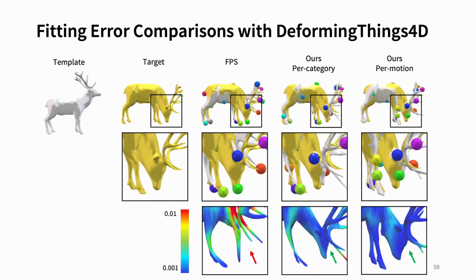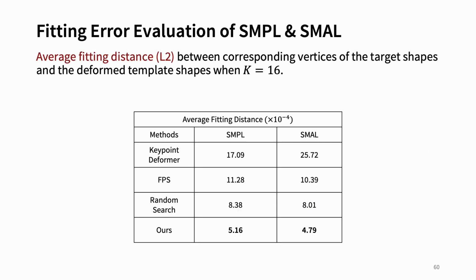Our method achieves much better results in recovering the geometry of the deer's face and legs, whereas FPS falls short in this regard. Since per motion has smaller target variation than per category, our method can find more optimal control points in per motion setup. We conducted experiments with our method with 16 control points.